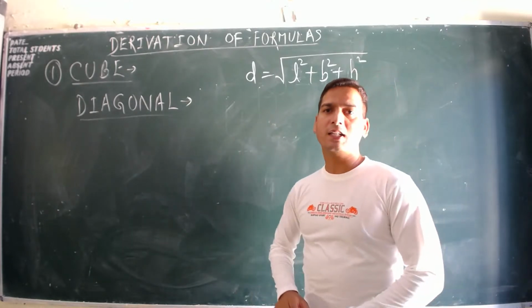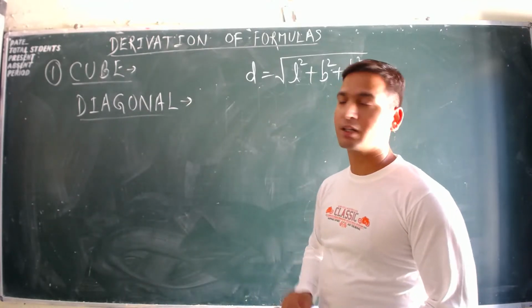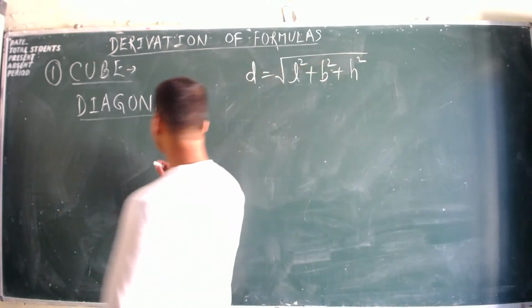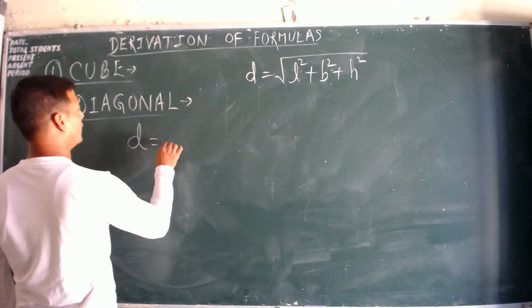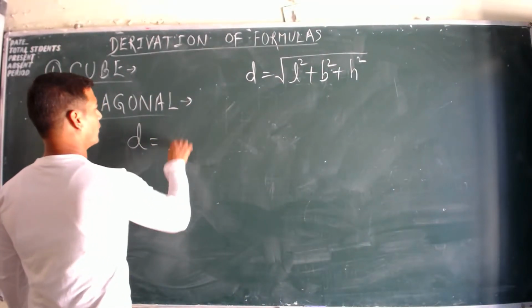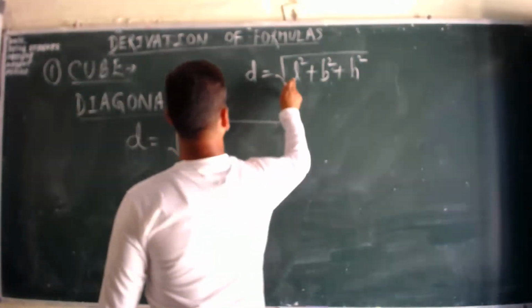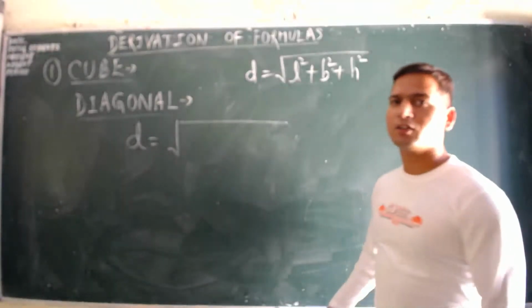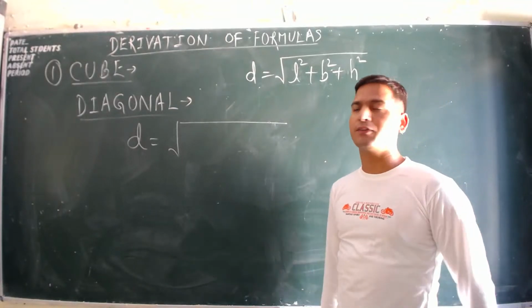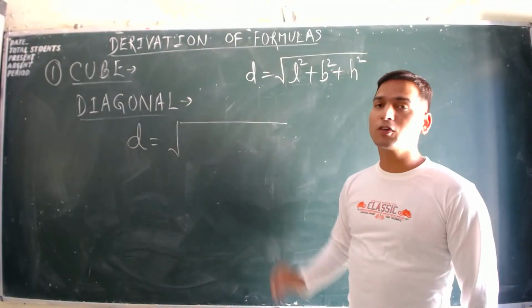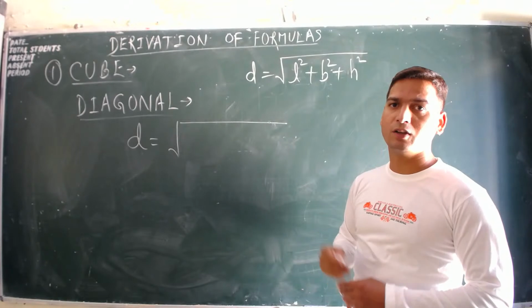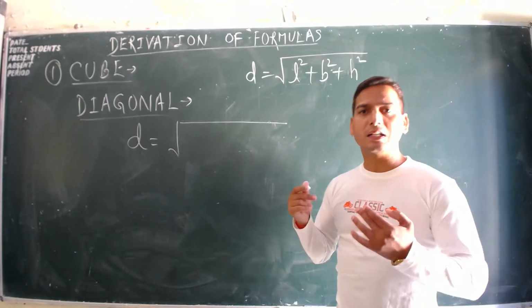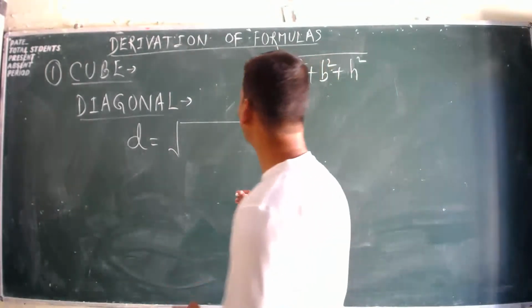But now our concern is the diagonal of a cube. In the same way, we can find out the formula for the diagonal of a cube. Here, all three sides are different, so we have taken the symbols L, B, H. But in the case of a cube, all sides are equal, so we can use the same symbol A for each side.